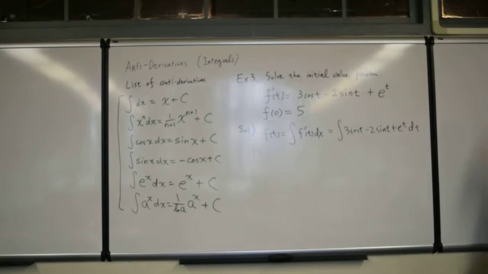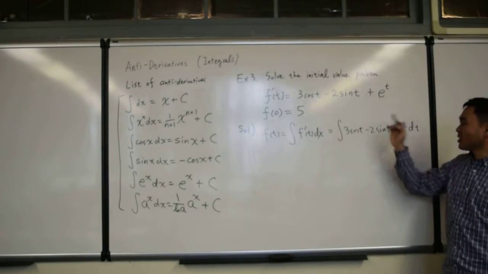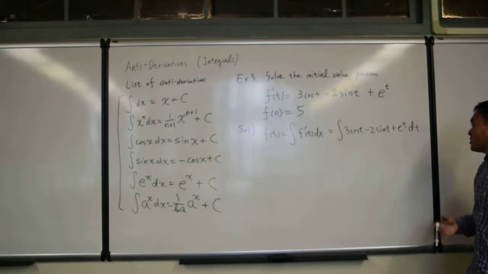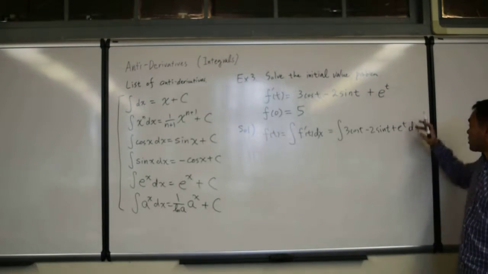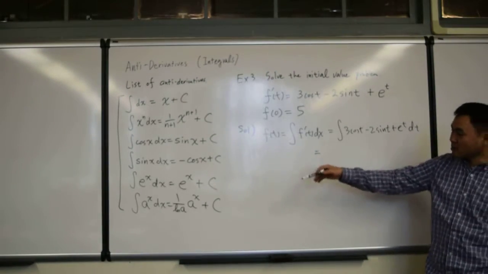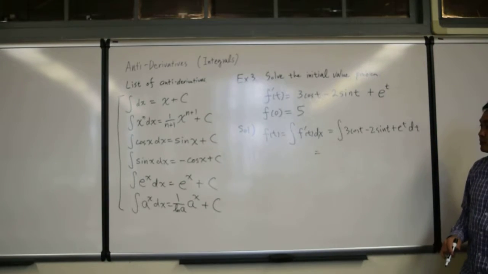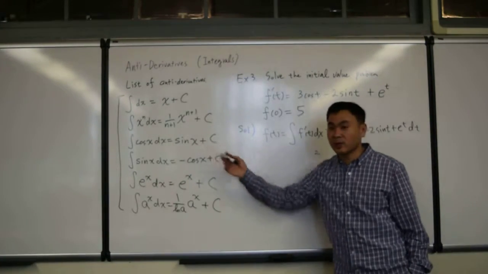So if you differentiate and integrate, you come back to the function. You almost recover the function. Let's look at this list. What's the integral of cosine t? Sine t.